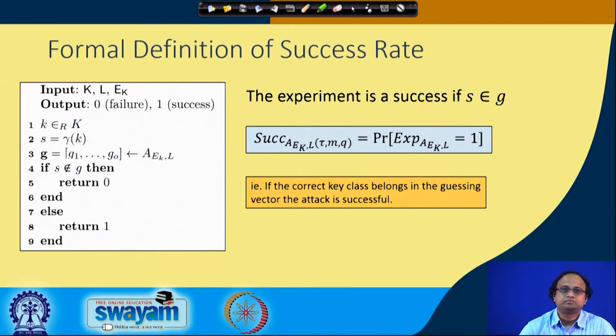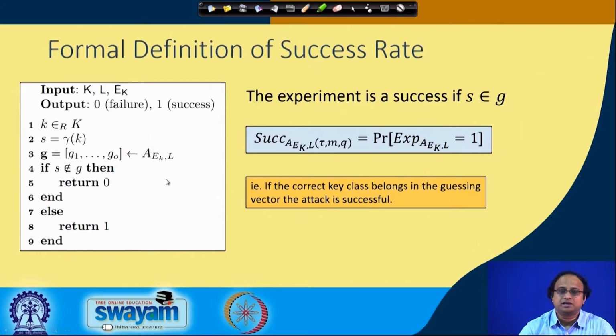Therefore, the correct key class belongs in the guessing vector if the attack is successful. Note that in this experiment we always have a remaining workload defined by O. This may sometimes be an inflexible definition, because we are not giving a metric or quantification on the remaining workload.